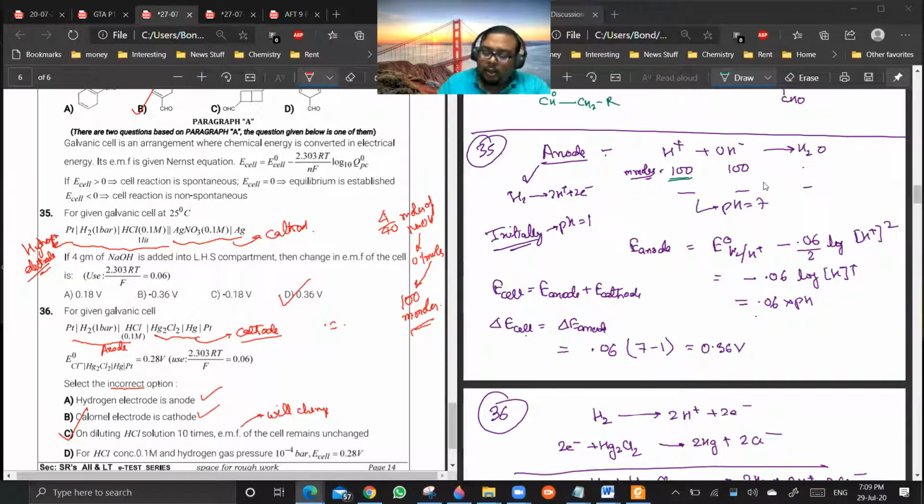Yes. Now, if we are writing the Nernst equation for the anode part, the reaction is H2 giving 2H plus plus 2 electrons. So I can write E anode is equal to E naught H2 to H plus minus 0.06 by 2 log of H plus square. Can I write this Nernst equation?